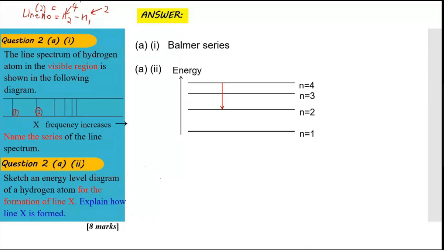N1 is fixed based on the type of series, whether it's Lyman, Balmer, Paschen, and so on. In other words, N2 equals line number plus N1.